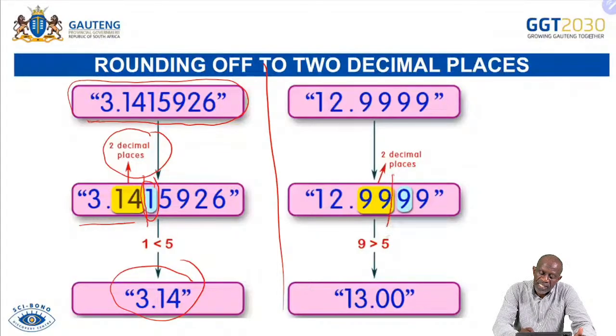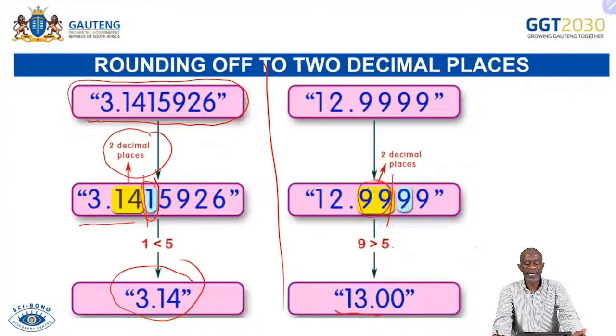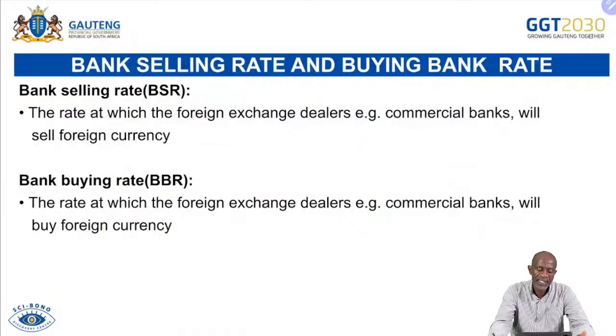But as you can see, the next 9 is greater than 5, meaning that we add 1 to the 99, and it becomes 100, so we carry 1 to the other side of the comma, so that we remain with 13 rand. This is a demonstration of how you should go about converting to two decimal places.